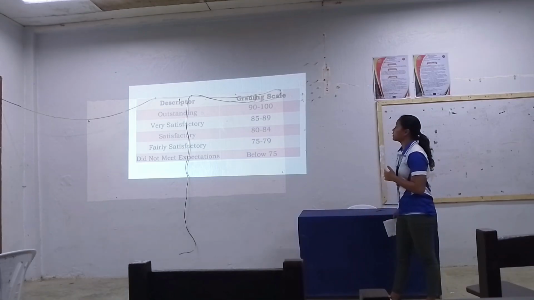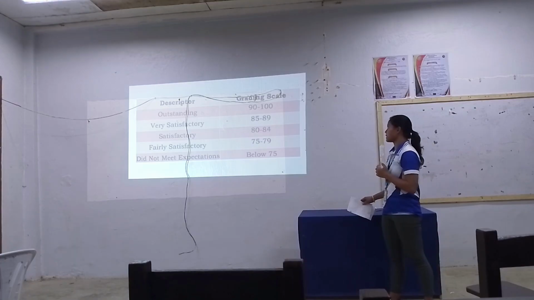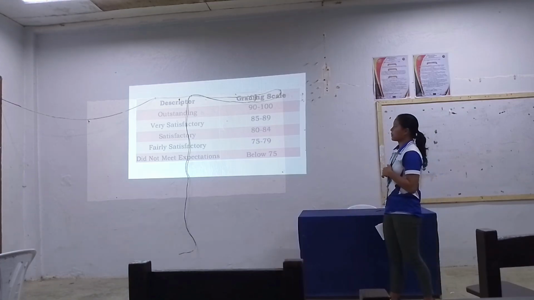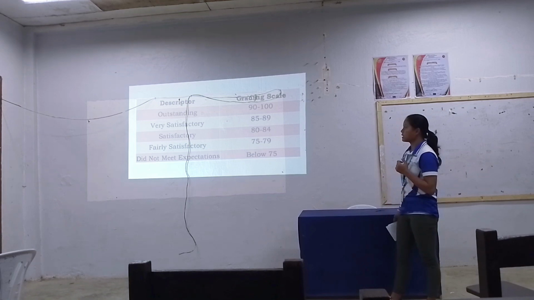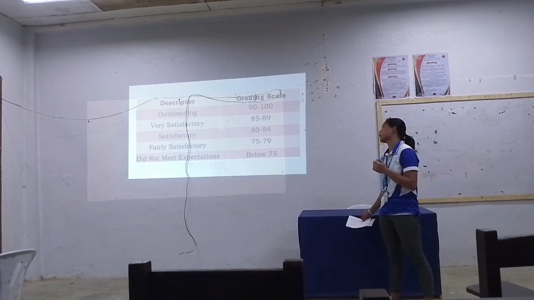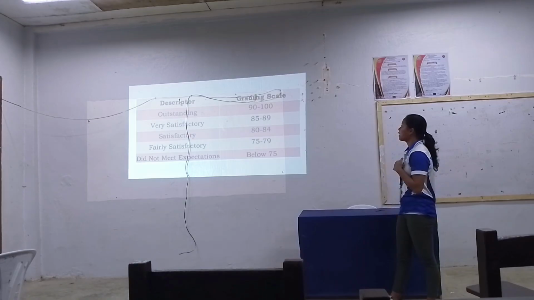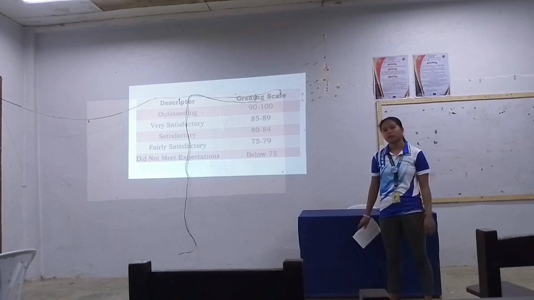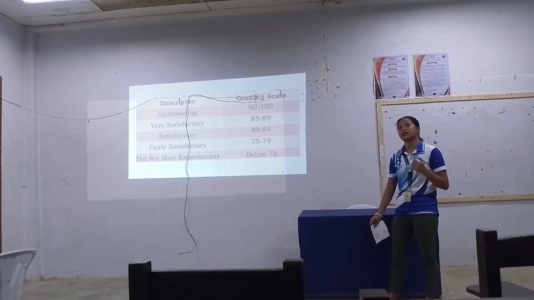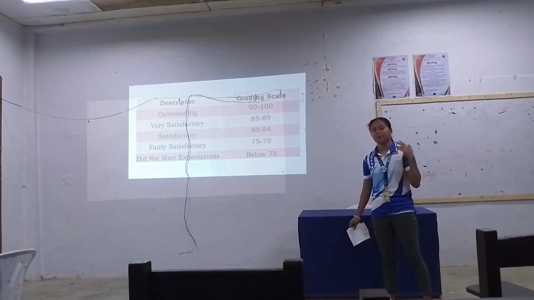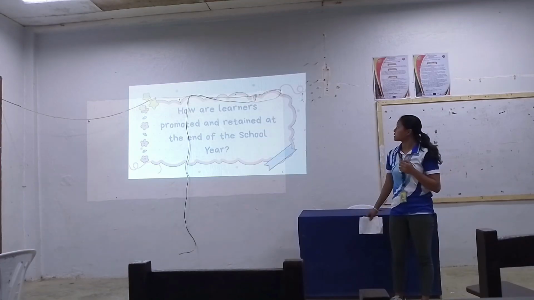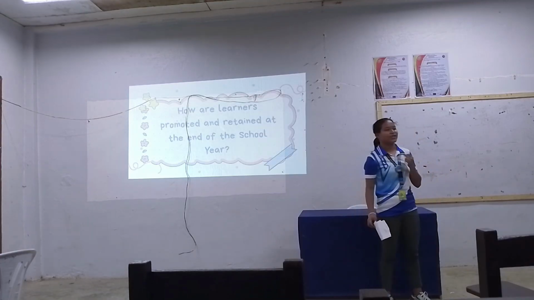Fairly satisfactory or the below performance with a grading scale of 75 to 79%. And the last one is the did not meet expectations or the unsatisfactory performance with a grading scale of below 75. So these results are shared quarterly during the teachers and parents meeting. Next is to be discussed by this section.